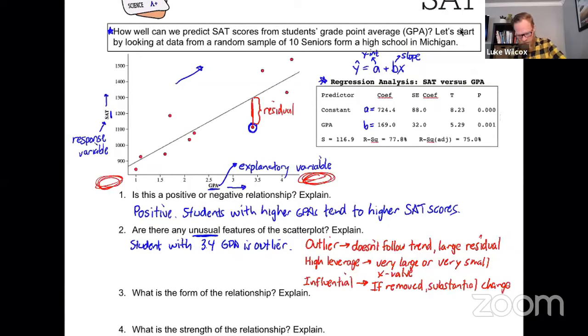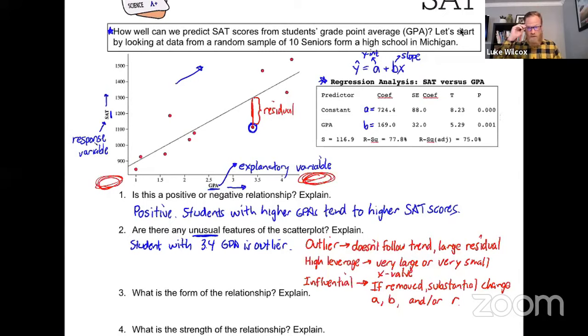It could have a big change on the Y-intercept A. It could have a big change on the slope B, and or the correlation value R. So if it had a big impact on one of those by removing that one point, we would say that point is influential. And oftentimes an outlier or a high leverage point is also considered an influential point.